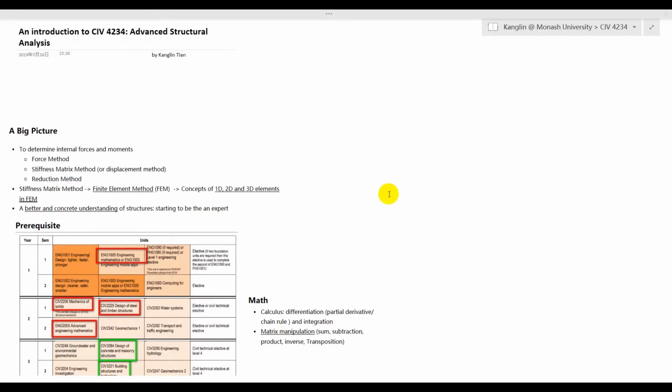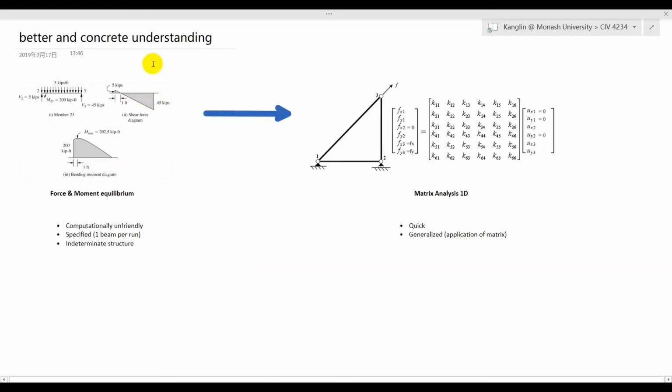So you might ask, what is so good about the stiffness matrix method? Let's look at an example. On the left-hand side, you're looking at a structure with some external forces, and you're asked to plot the shear force diagram and bending moment diagram. I know the first thing that comes to your mind would probably be the force and moment equilibrium equations.